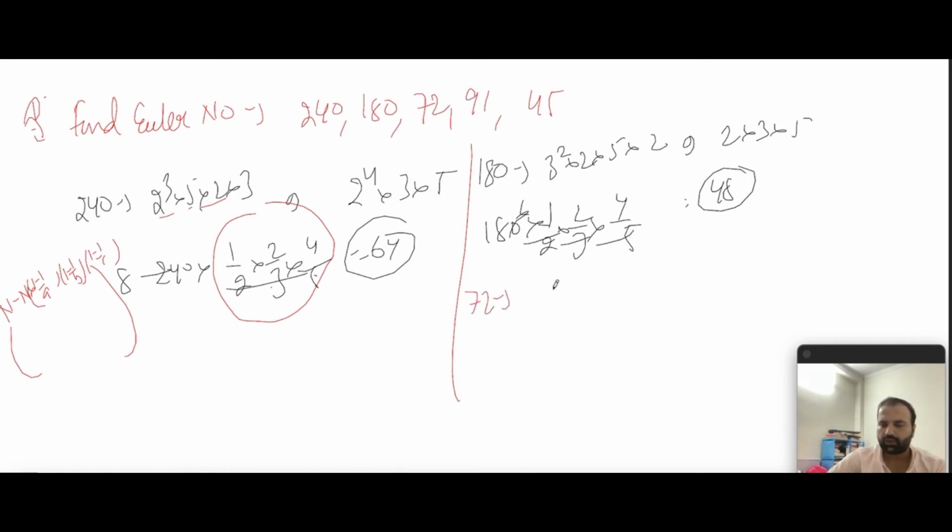Simply we can do it for 72. 72 is nothing but 24 into 3, 24 is 8 into 3. So 2 cube into 3 into 3 is 72. So the prime factors are 2 and 3, so it's 72 into 1 by 2 into 2 by 3, that is 24.